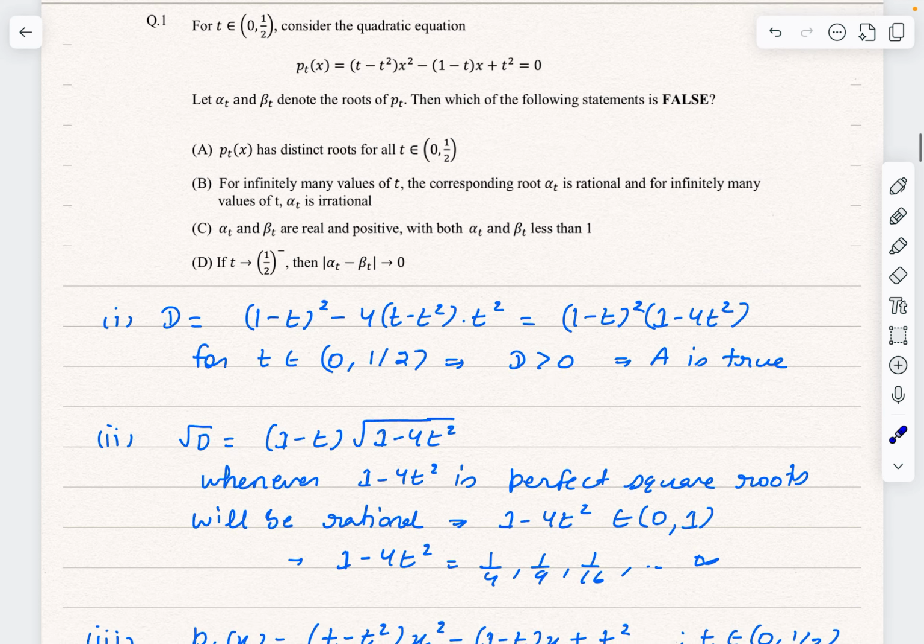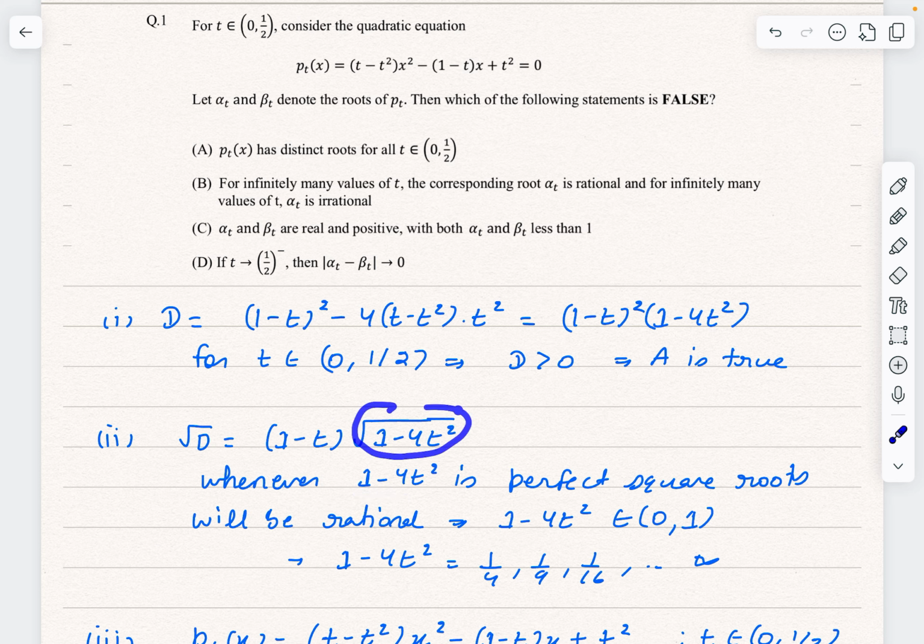Next, they are saying that for infinitely many values of t the roots will be rational, and for infinitely many values the roots will be irrational. So whether roots are rational or irrational depends on whether the square root of D is rational or irrational. The square root of D will be (1 − t) times the square root of (1 − 4t²). Whenever 1 − 4t² is a perfect square, the roots will be rational.